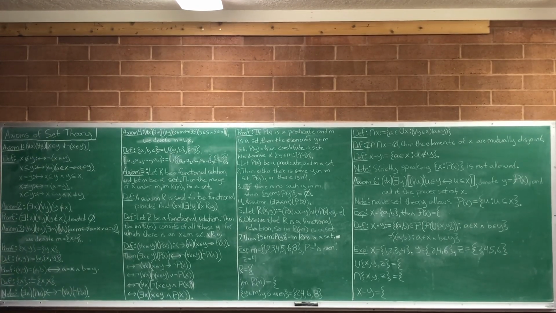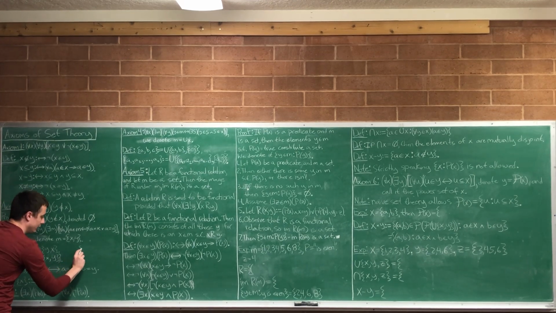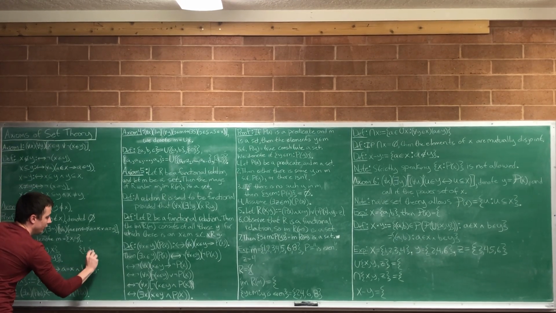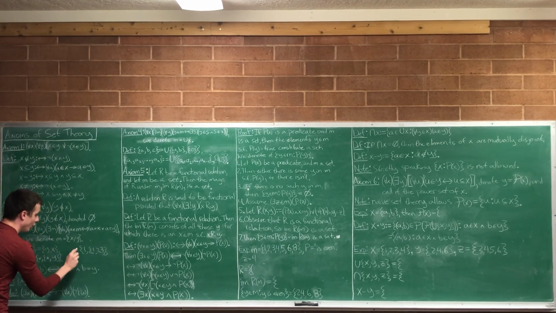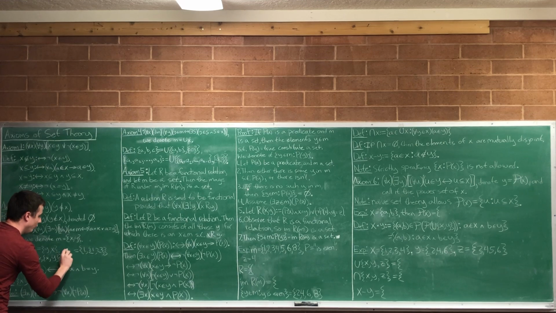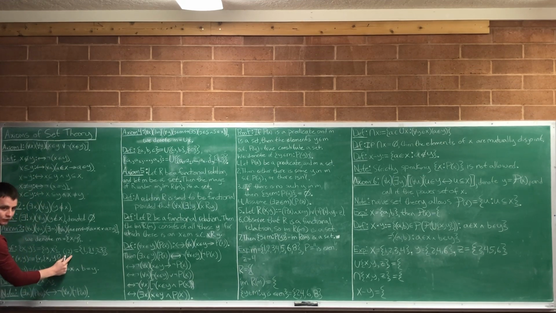Good? Okay, then we have this definition for an ordered pair. The ordered pair (x, y) we define in terms of sets: {x, {x, y}}. Notice that if I were to give you this, {1, {1, 2}}, you unambiguously know that this is the ordered pair (1, 2), and not the ordered pair (2, 1).